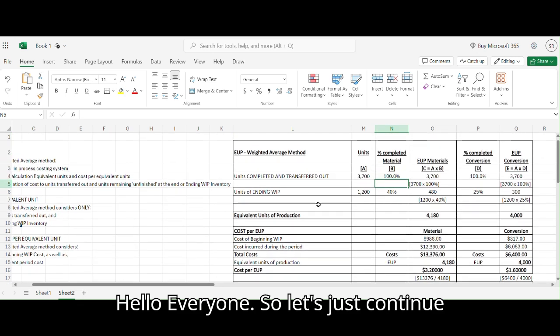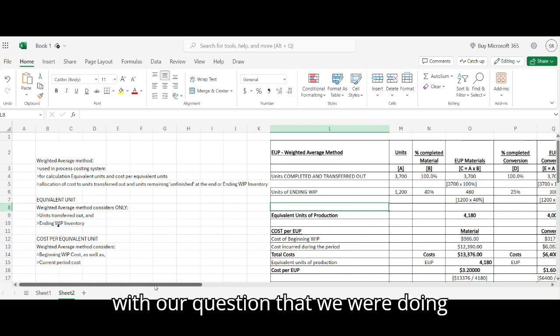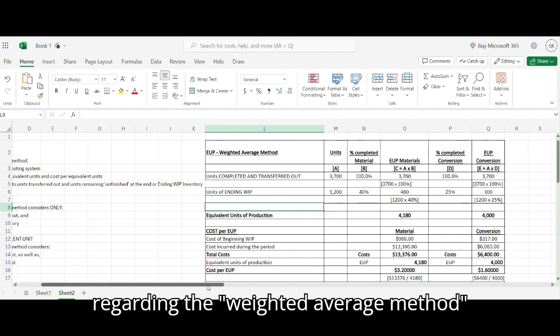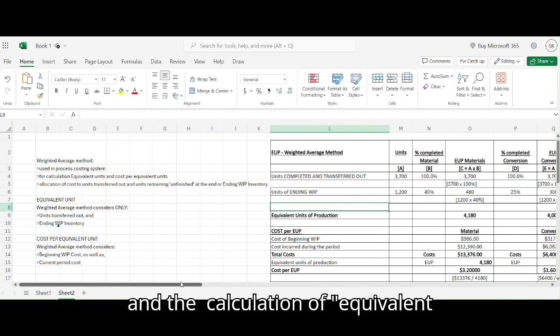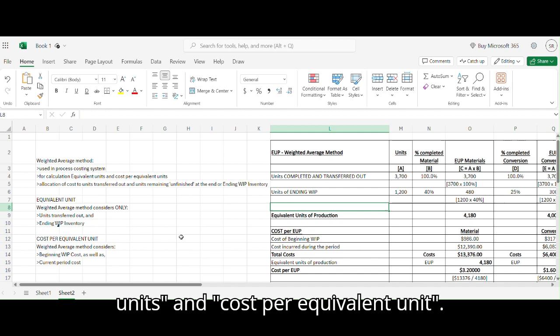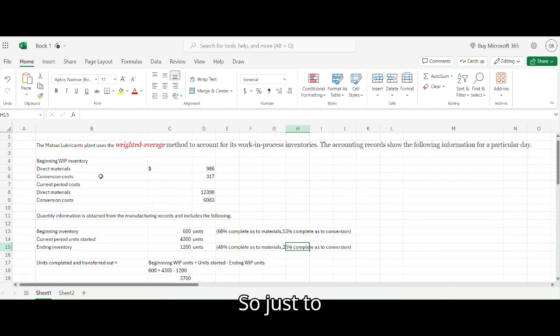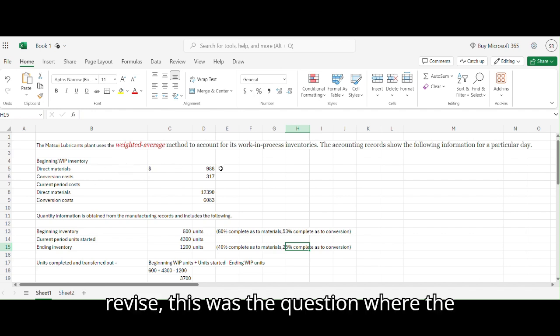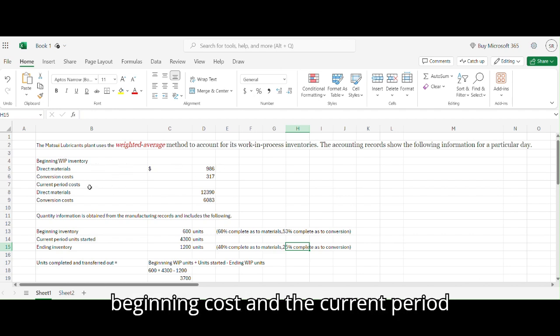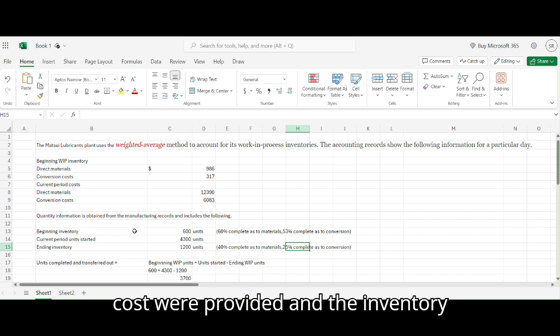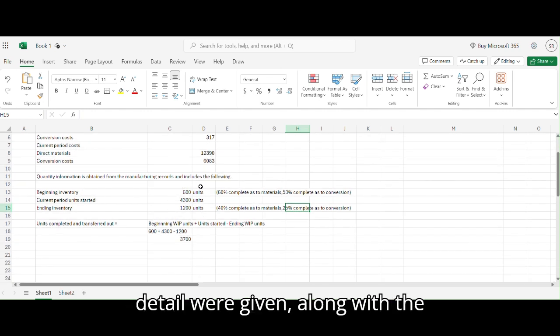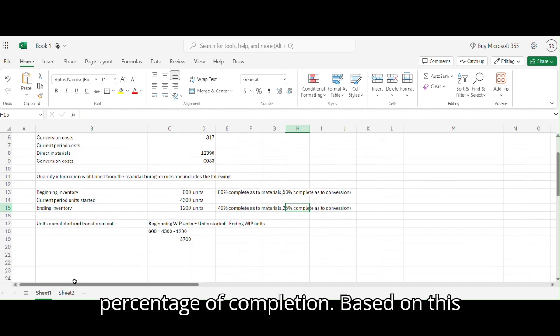So let us just continue with our question that we were doing regarding the weighted average method and the calculation of equivalent unit and cost per equivalent unit. Just to revise, this was a question where the beginning cost and the current period cost were provided and the inventory details were given along with the percentage of completion.